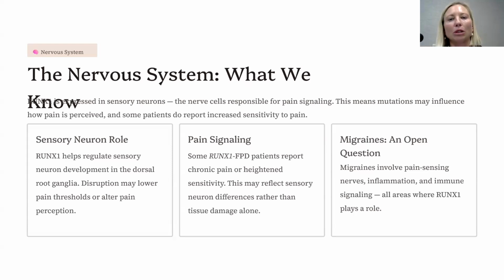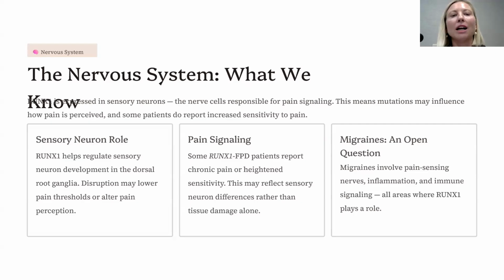So RUNX1 is playing a role not only in pain sensing nerves, but those pain sensing nerves are then interacting with inflammation and the immune system in the brain. And it's understood in the migraine field that inflammation is a really huge component of migraines.